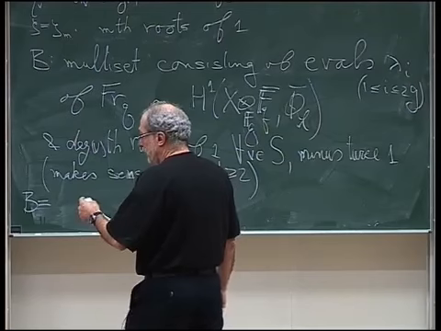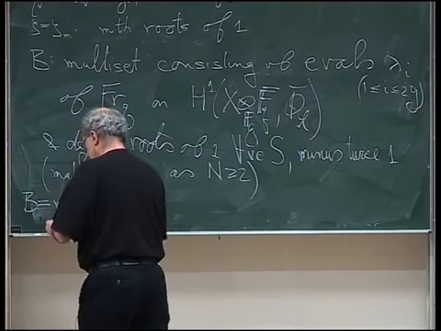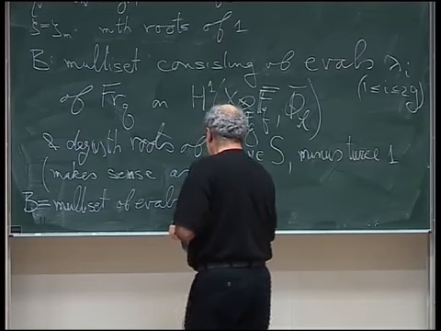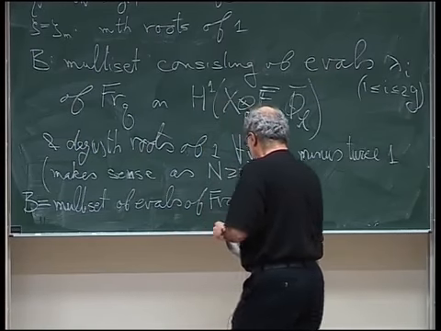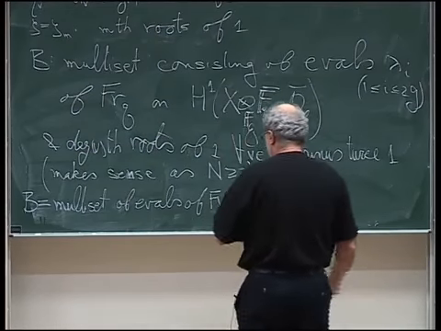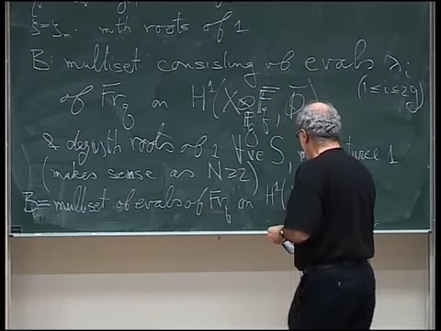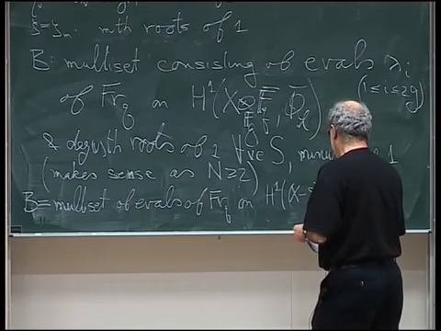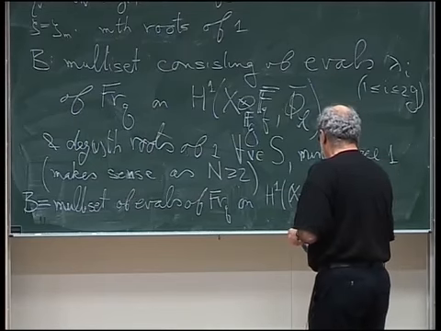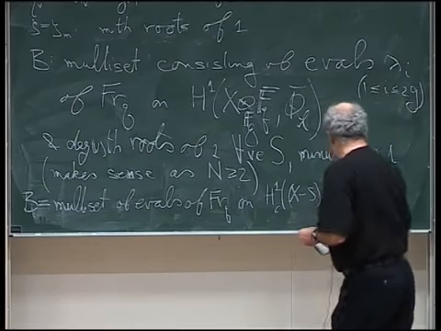Because this set B is the multiset of eigenvalues of the Frobenius. I think that I wrote it this way, and that's good enough. So we are talking about our cohomology with compact supports.